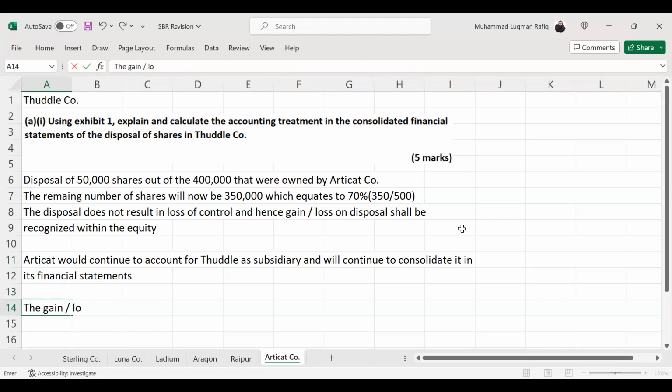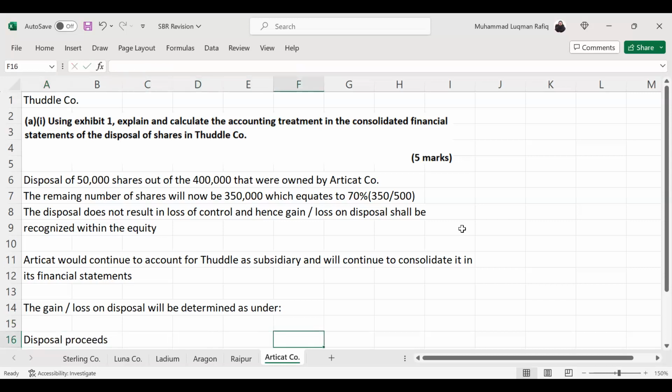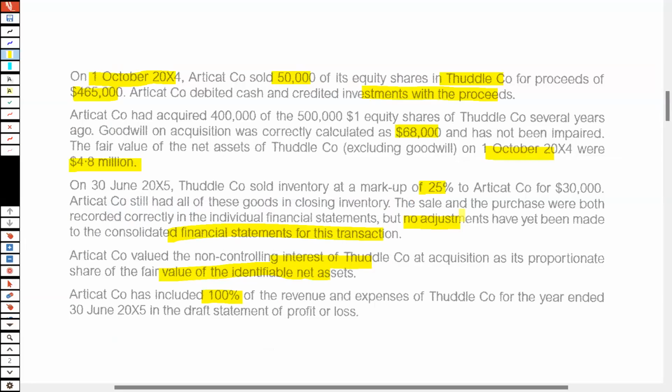The gain or loss on disposal will be determined as under. The disposal proceeds. How much is the disposal proceed? 465,000.